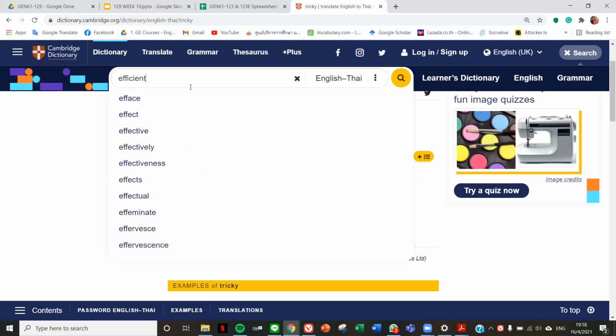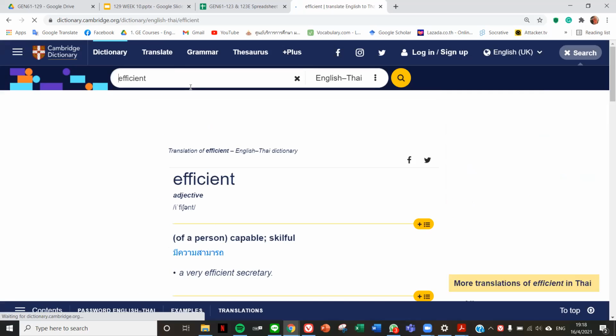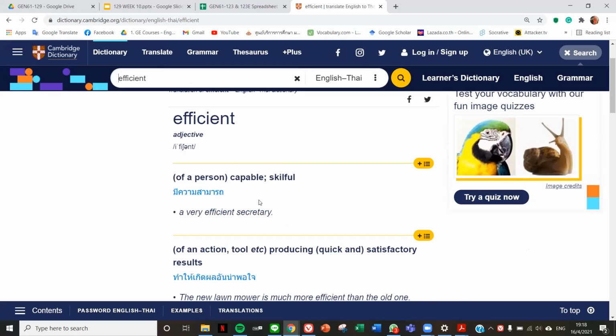Okay, so efficient means someone who is skillful or capable. Like when you ask this person to do something, an efficient person will quickly do his job properly or her job properly and in a very efficient way.